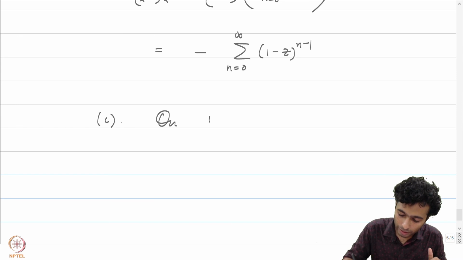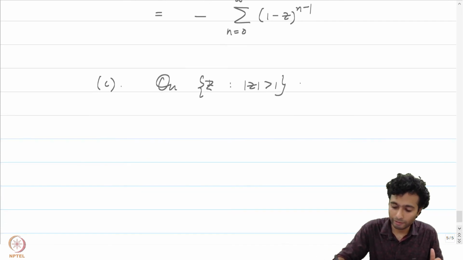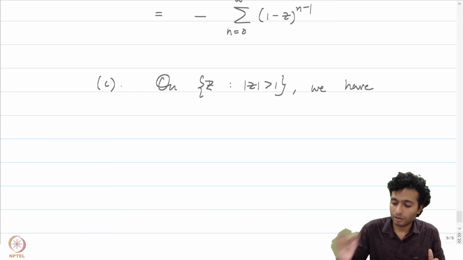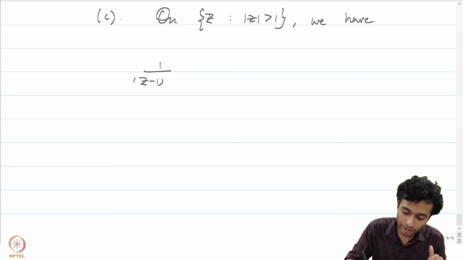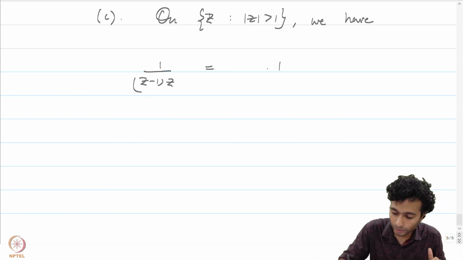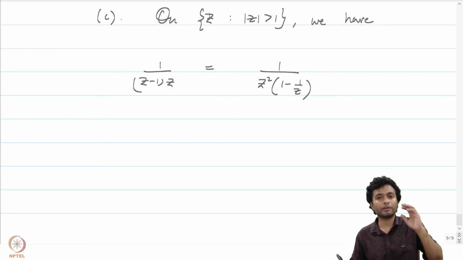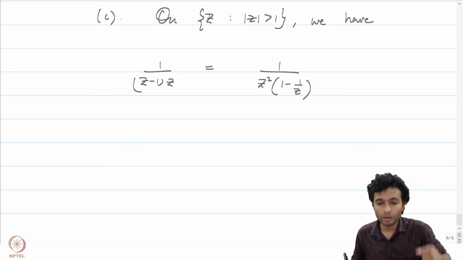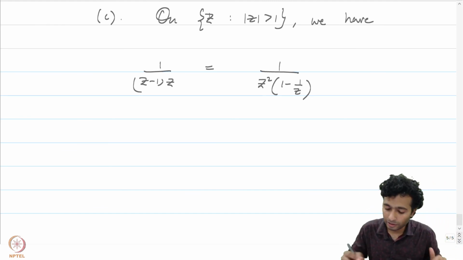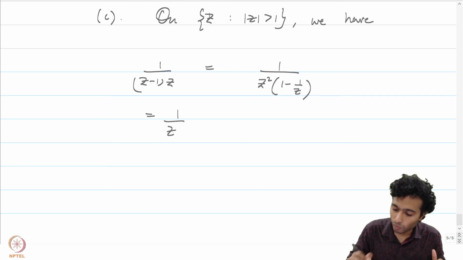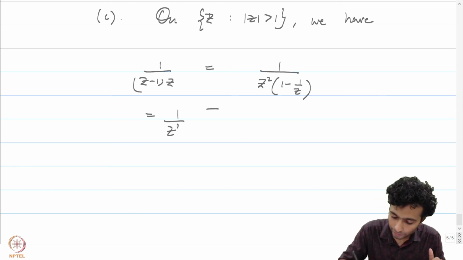On the set of all z such that mod z is greater than 1, what do we have? We have 1 by z minus 1 times z. This is just going to be equal to 1 by z squared times 1 minus 1 by z. This is exactly what our series is going to behave like. Now mod z greater than 1 implies that 1 by z has absolute value less than 1. Therefore, I can write 1 by 1 minus 1 by z in the following power series.